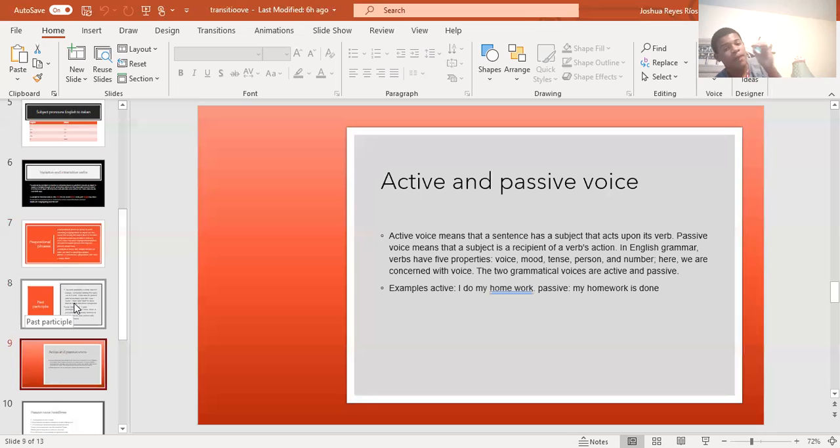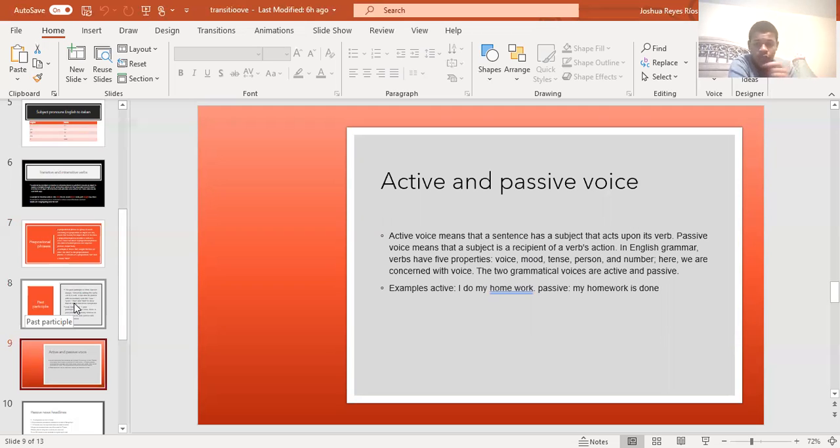Active and passive voice. Active voice means that a sentence has a subject that acts upon its verb. Passive voice means that a subject is a recipient of the verb's action. In English grammar, verbs have five properties: voice, mood, tense, person, and number. Here, we are concerned with voice.